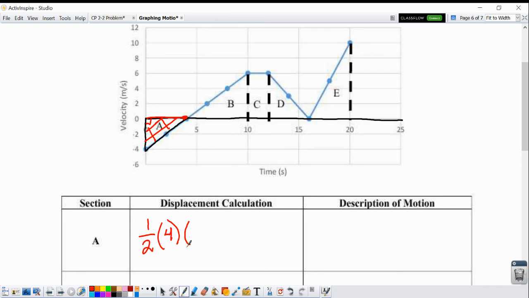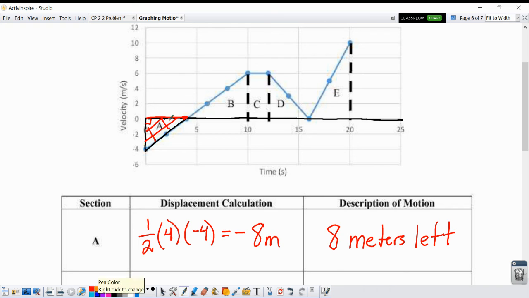And then my height, down 4, -4. So I get a negative 1/2 of 4 is 2. 2 times -4 is -8 meters, which means I went 8 meters left.